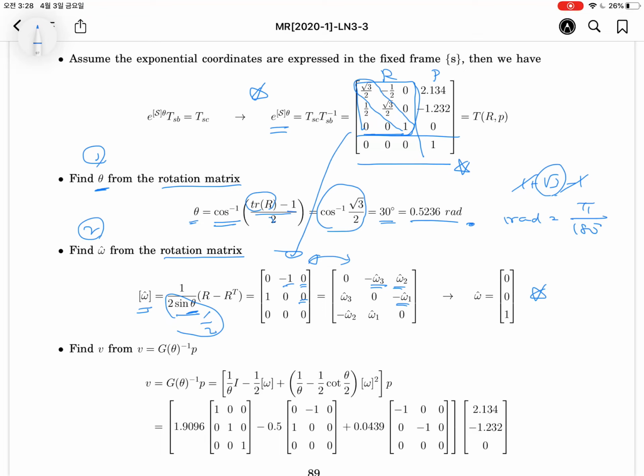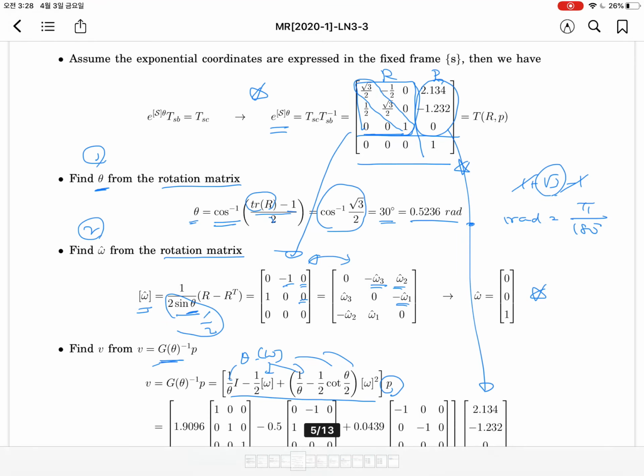Okay, we know the G inverse matrix. So the G inverse matrix is like this. We know theta and omega hat here. So by applying this one and this one, we can get this equation. And then p is this vector.